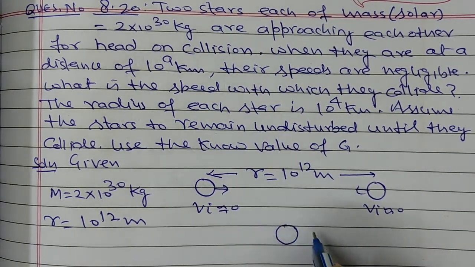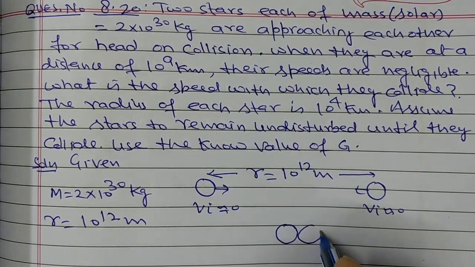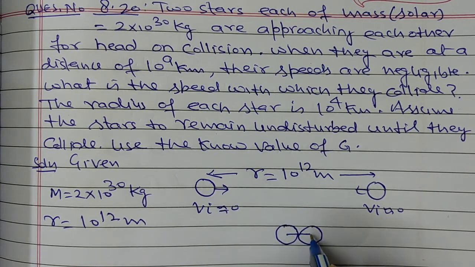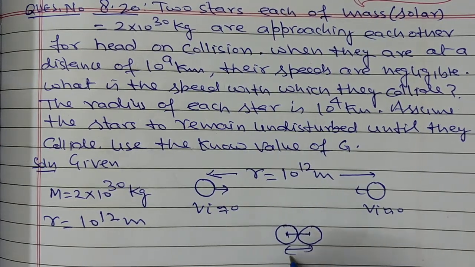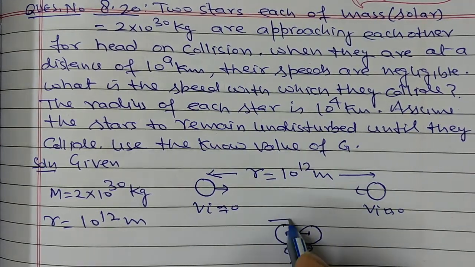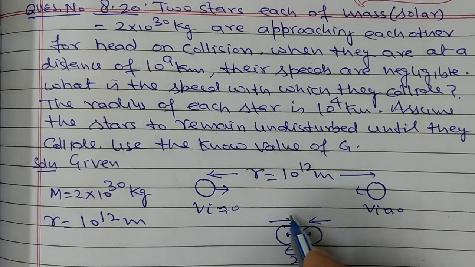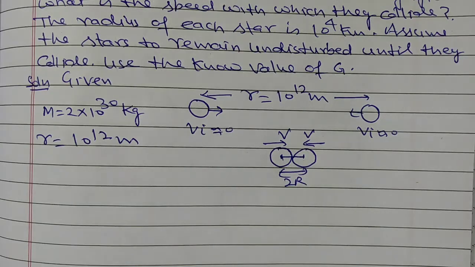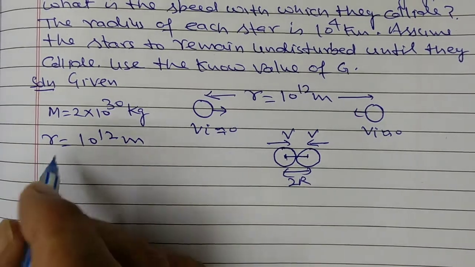Their final position is, suppose, their separation between the centers is 2r. This is 2r, and let them collide with each other with speed v. Radius of each star is given.